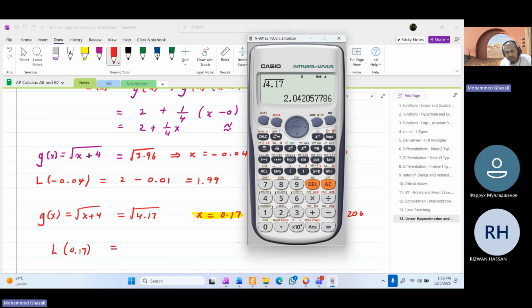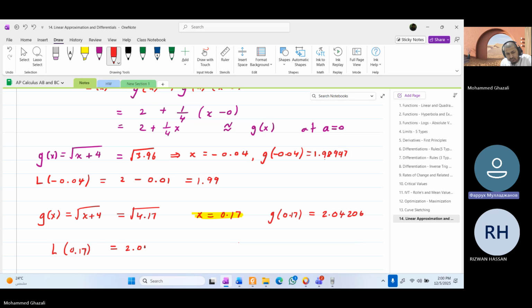So 2 plus 0.25 times 0.17, and that's going to give me 2.0425. It's almost the same to 3 decimal places. Look at that. See how accurate the answers are now.